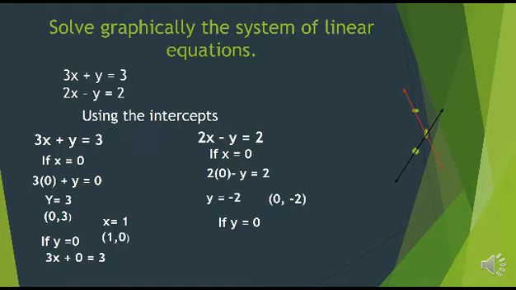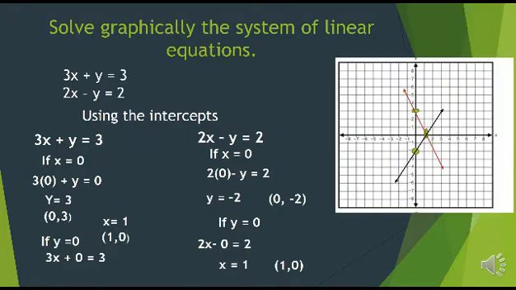Now we solve for x. We make y equal to 0, and then 2x minus 0 equals 2, and x is equal to 1. Therefore, we have the solution (1, 0).